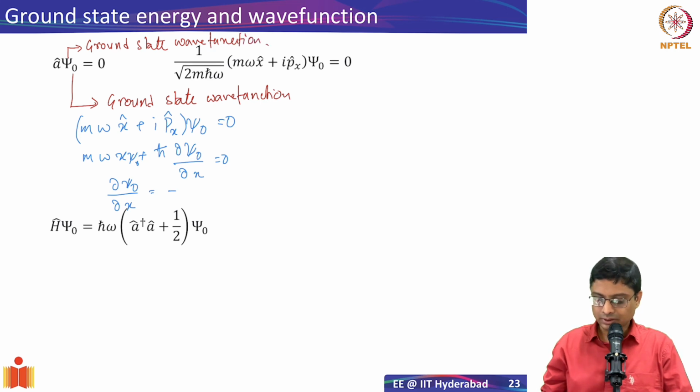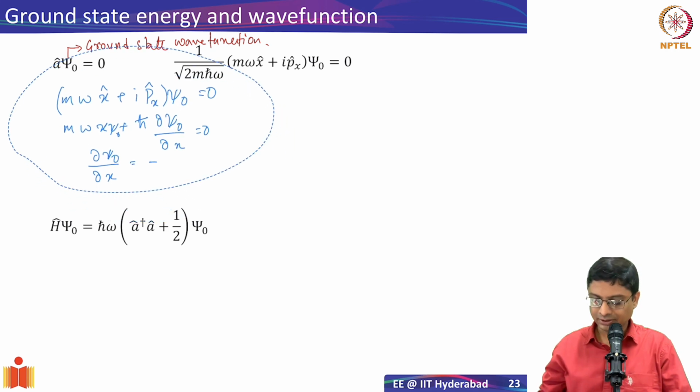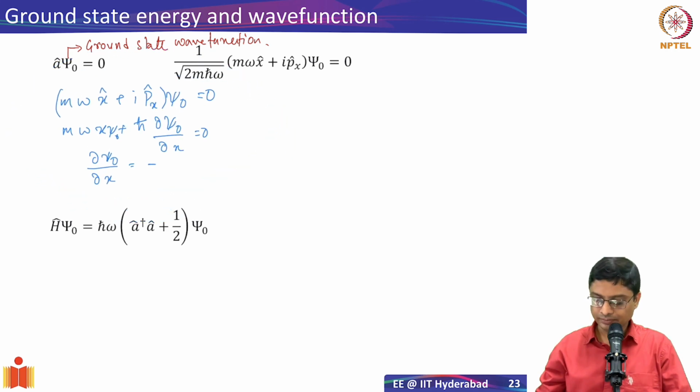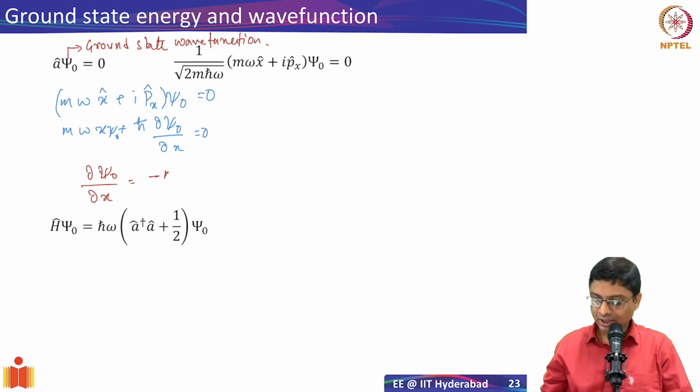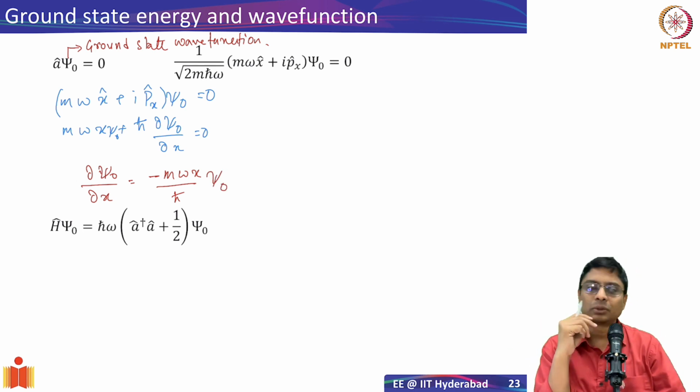Then I can delete this, and I'm just creating some space. So now my differential equation is dou psi naught divided by dou x is equal to, it goes to the other side, so minus m omega x divided by h bar psi naught.